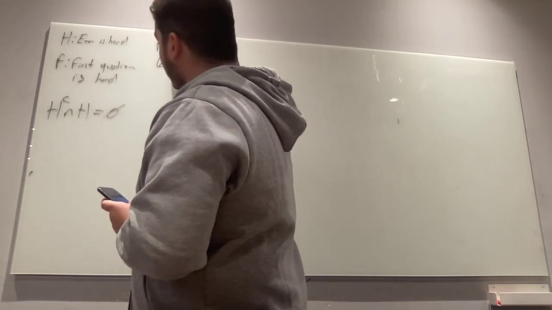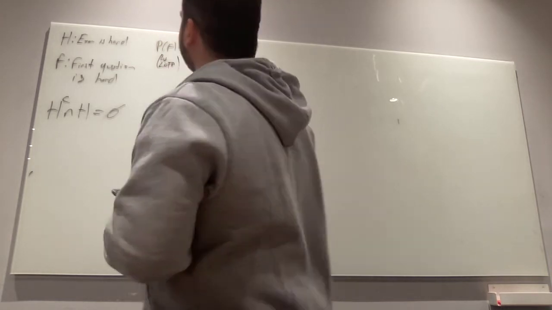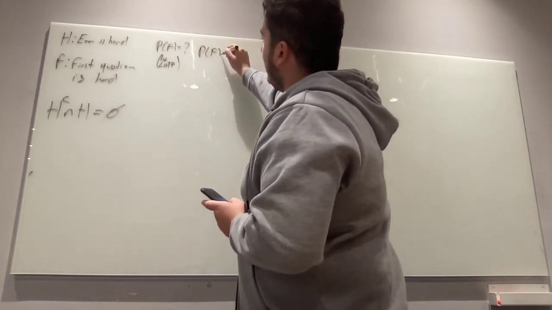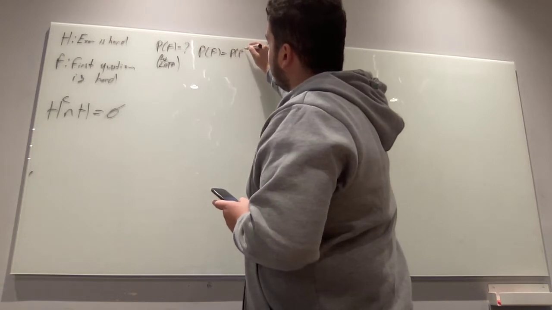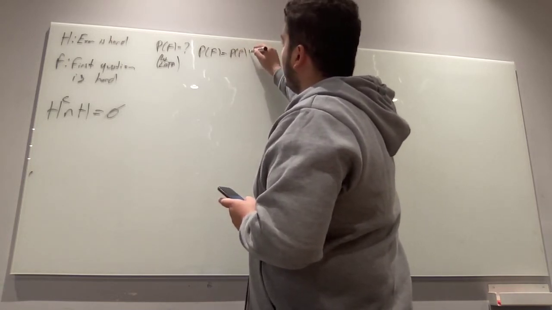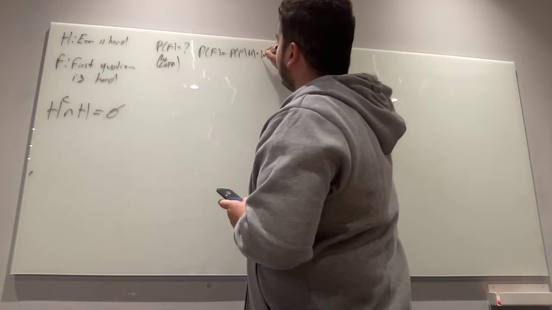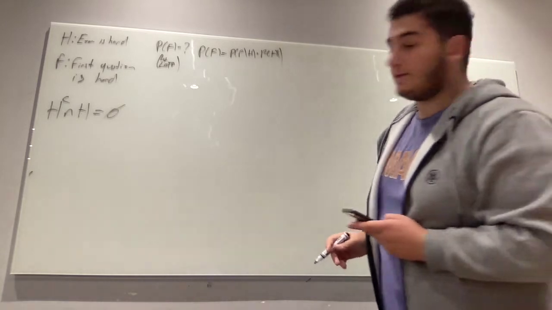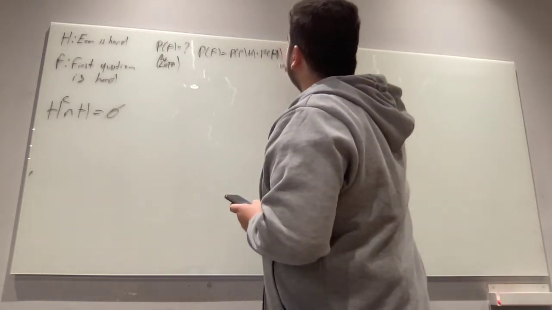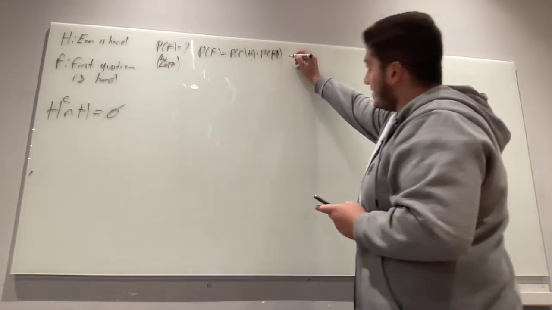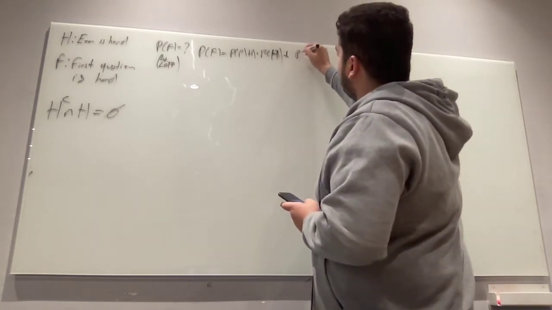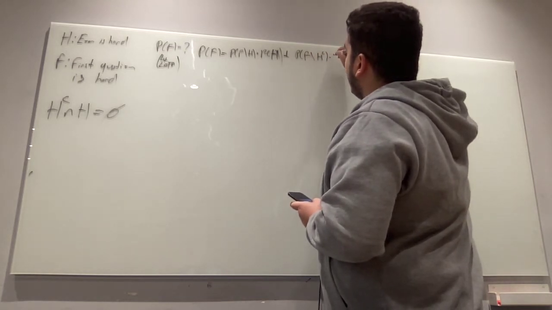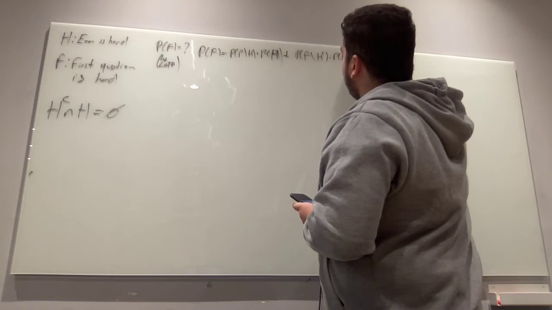By the law of total probability, probability F equals probability F given H times probability H plus probability F given H complement times probability H complement.